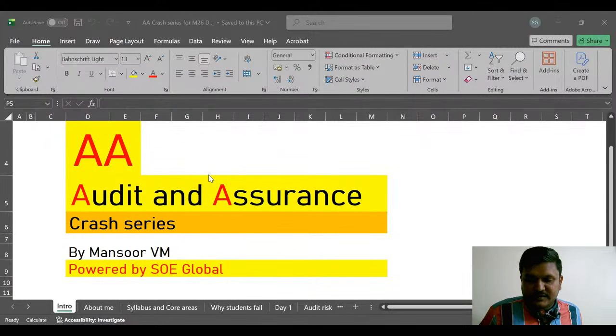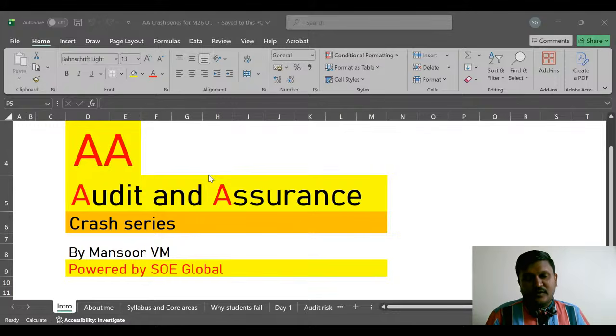Is anyone else having any doubts or difficulties relating to any of the areas? I'm asking about the difficulties you faced while framing the answer, or difficulties with the concept itself. To summarize, in a particular company, whenever you get a question from AA, or in general also, we have 6 control systems.